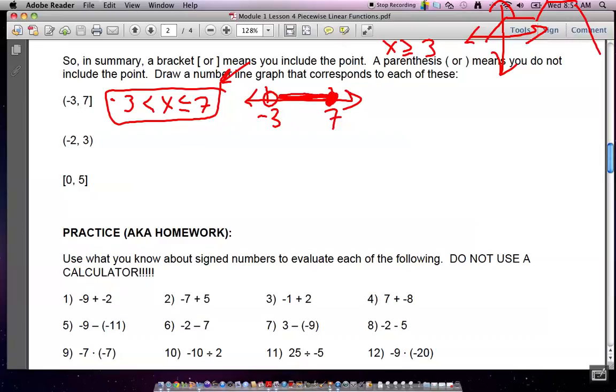This is a way of expressing an interval, a piece of the graph. A starting point and an ending point. Does that make sense? Okay, try -2 to 3. Include the graph of what it would look like.